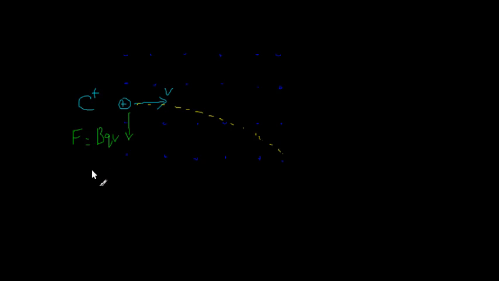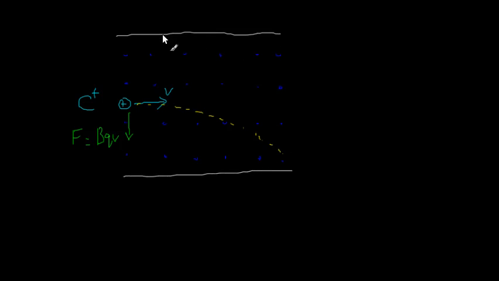Now what I'm going to do now is this. It's going to look a bit strange why I want to do this, but you'll see the reason in a moment. I am going to put two parallel metal plates over this region, over just this part where I have the magnetic field.